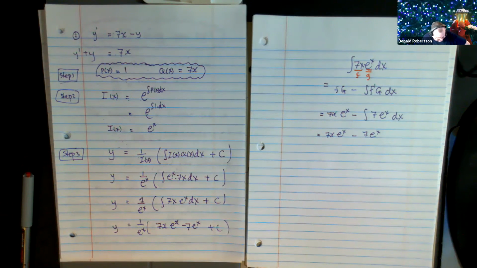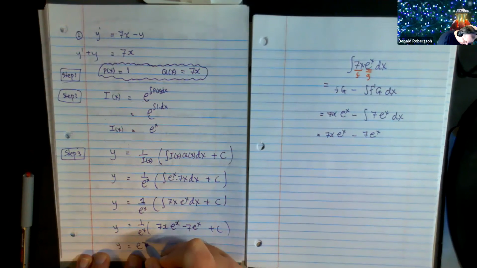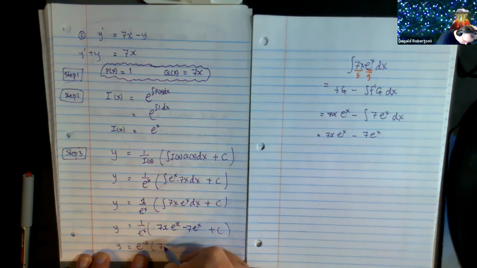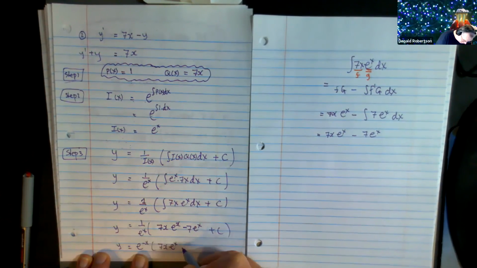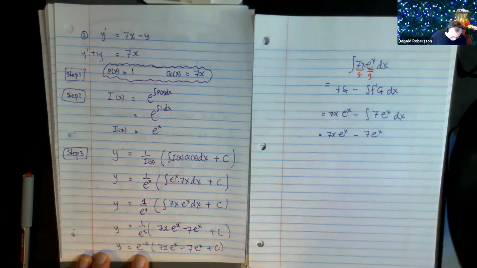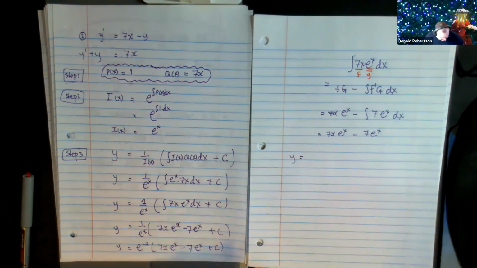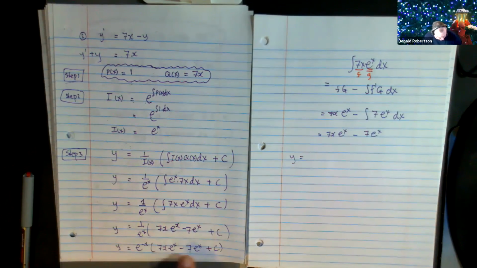I think I can make this prettier. And I'm going to call this fella e to the negative x. And the reason I'm going to do that is that I can now distribute through it.